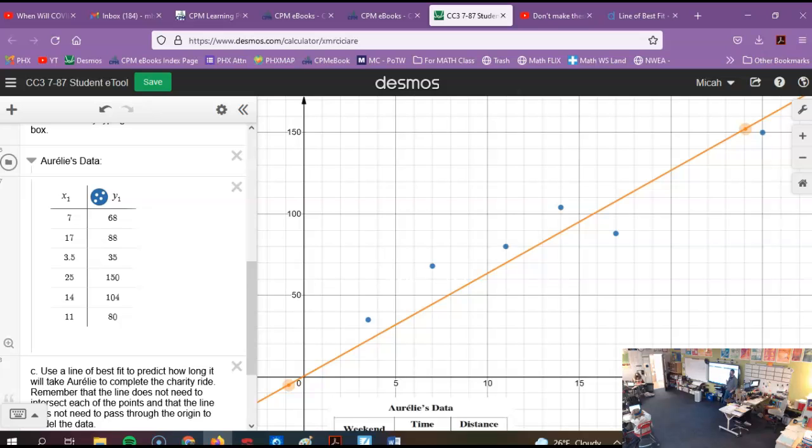But the part that people will mess up: what did we say y is here? Time. So when we go to rewrite this, we would say time, or the minutes, equals 6.5 times the distance, the miles, right? So it's 6.5, not miles per hour. Miles per minute. 6.5 miles per minute.